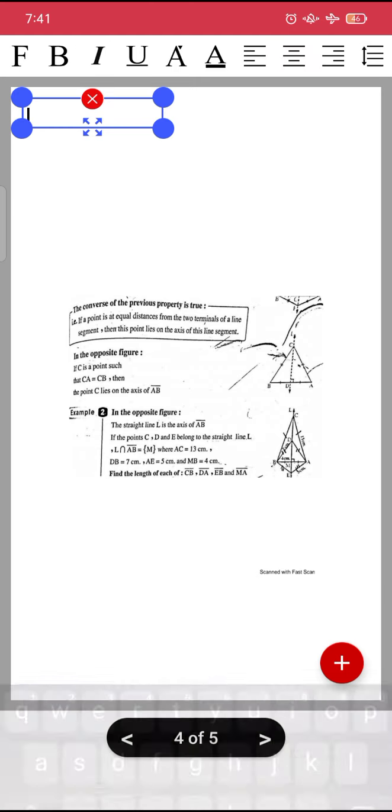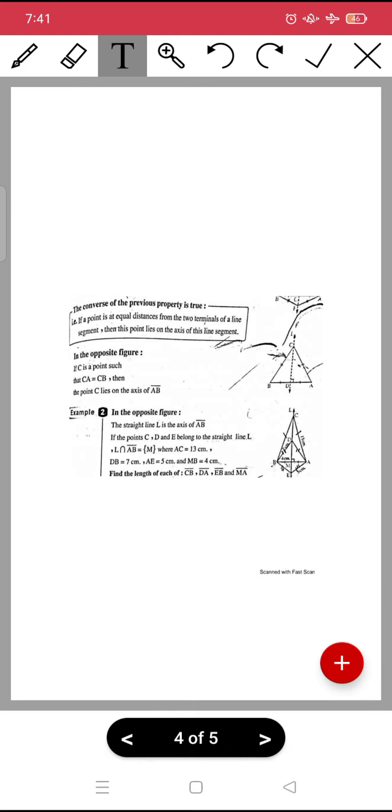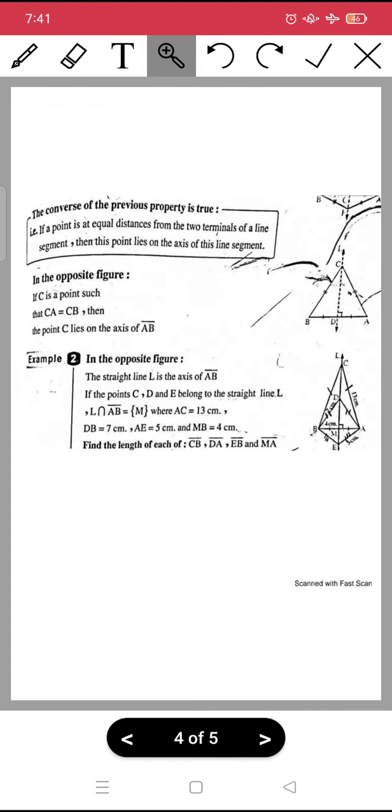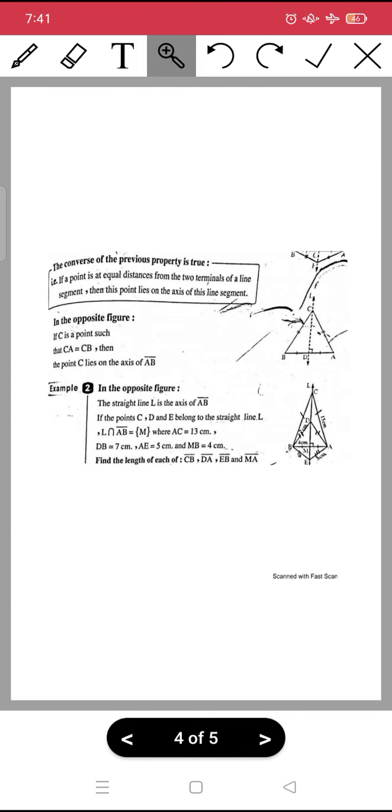Let's take an example. Here is the straight line L. The straight line L is the axis of symmetry of AB. The points C, D, and E belong to the straight line L. L intersects AB at M, where AC is 13 cm, DB is 7 cm, AE is 5 cm, MB is 4 cm.